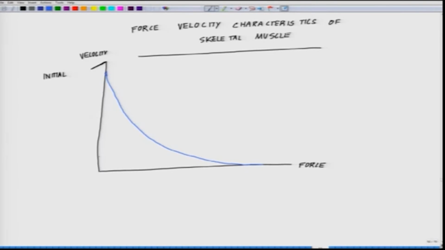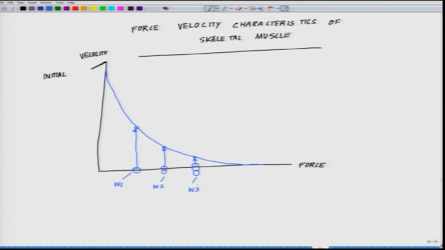Here I am putting different points: this is W1, this is W2, these are the weights you are putting.